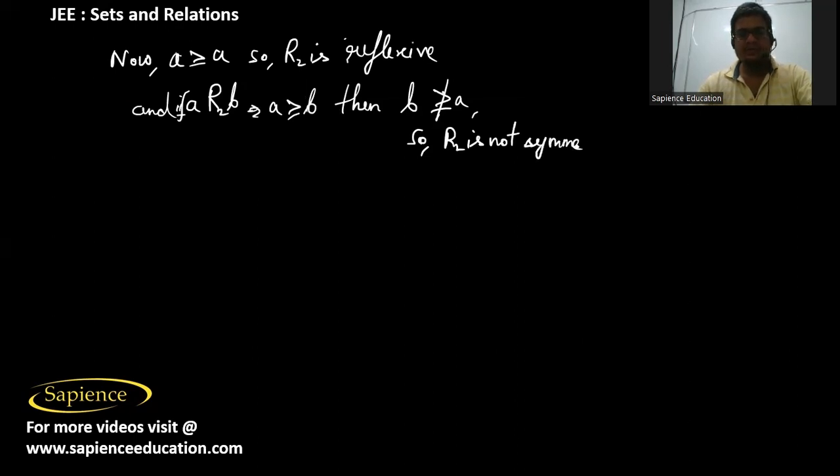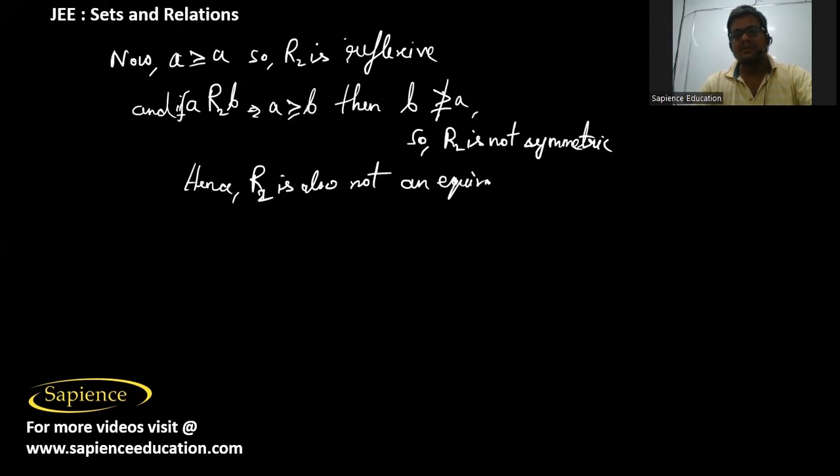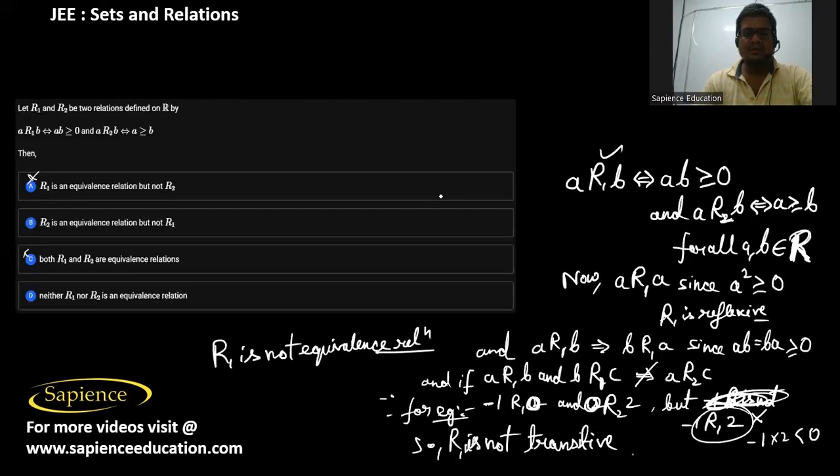Hence R2 is also not an equivalence relation. So neither R1 nor R2 is an equivalence relation. So option D is the correct answer.